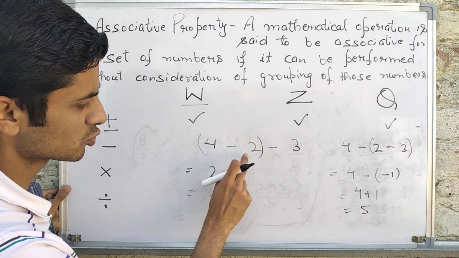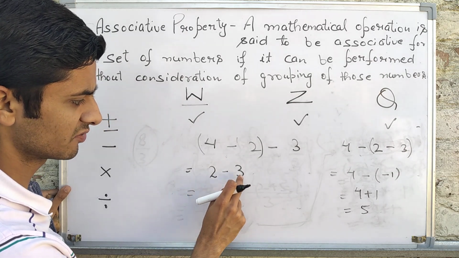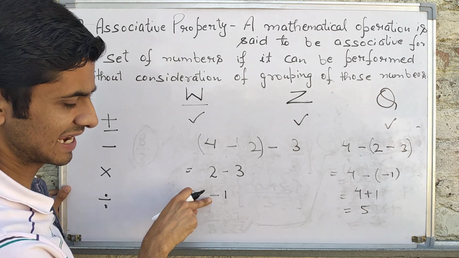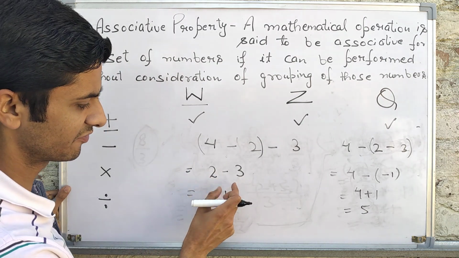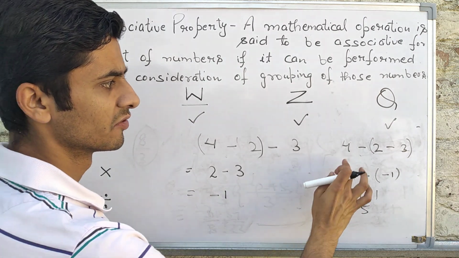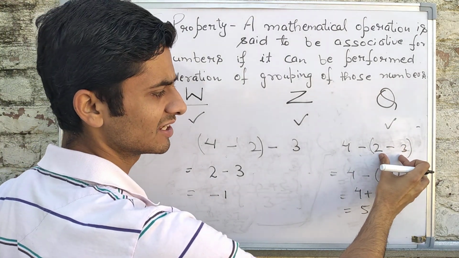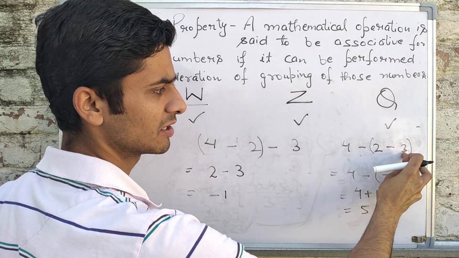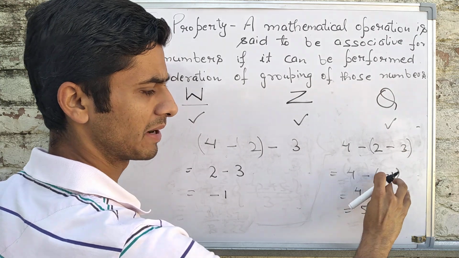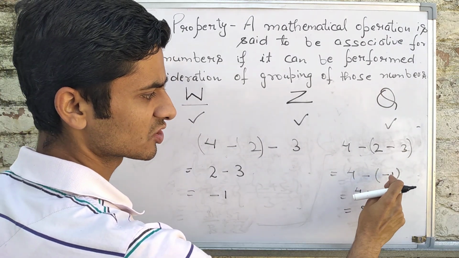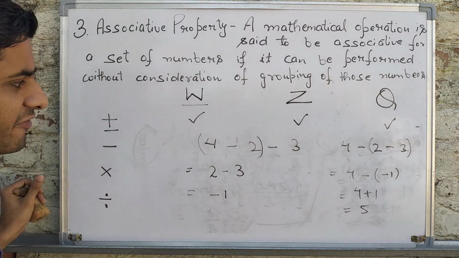4 minus 2 I got 2, minus 3. In 2 minus 3, one number is positive, one number is negative, the sign is of the bigger number, negative, and the difference comes out to be 1, so minus 1. For 4 minus 2 minus 3, I will solve this first. 2 minus 3 comes out to be minus 1. 4 minus minus 1, minus minus turns out to be plus. 4 plus 1 came out to be 5.